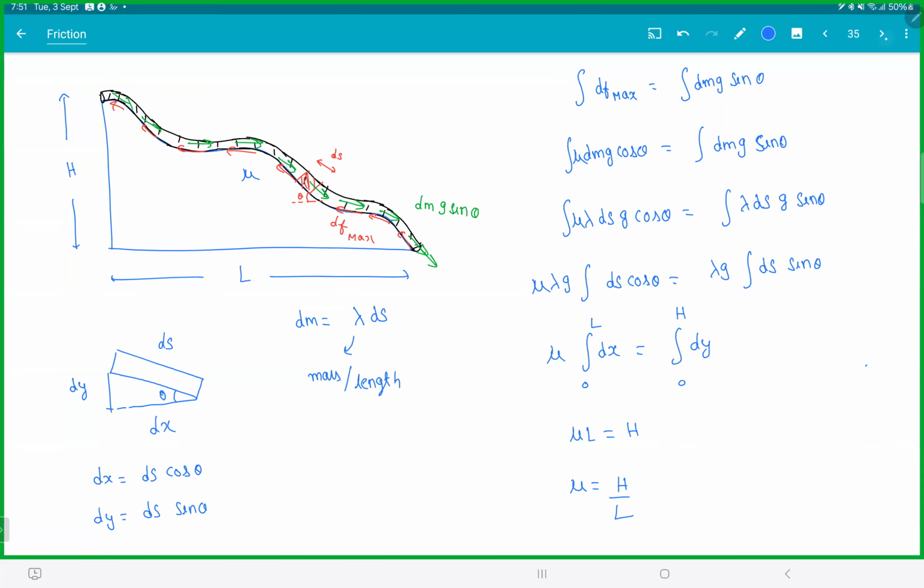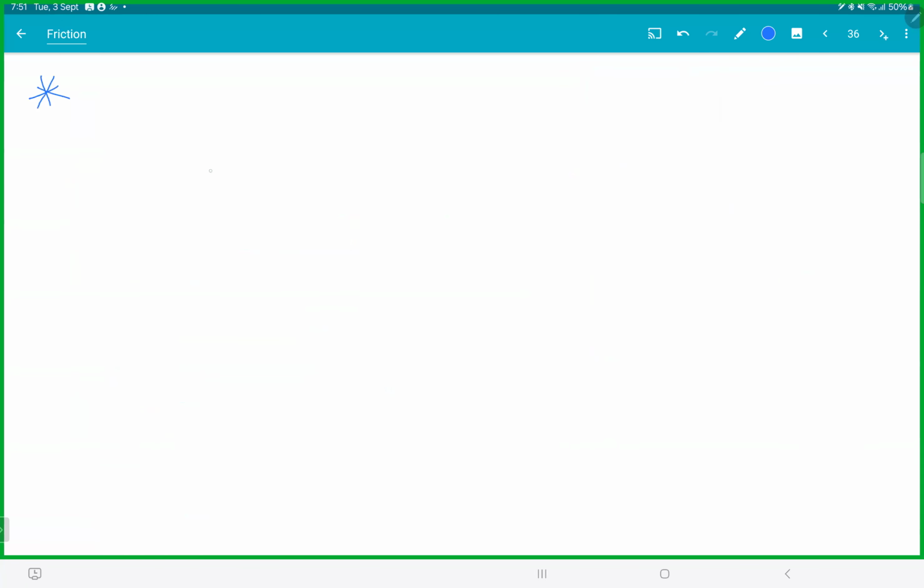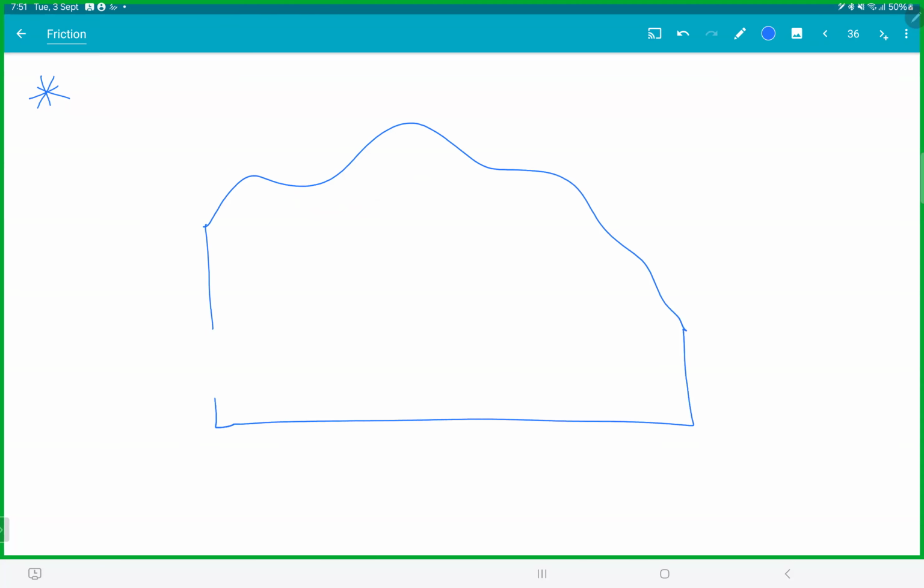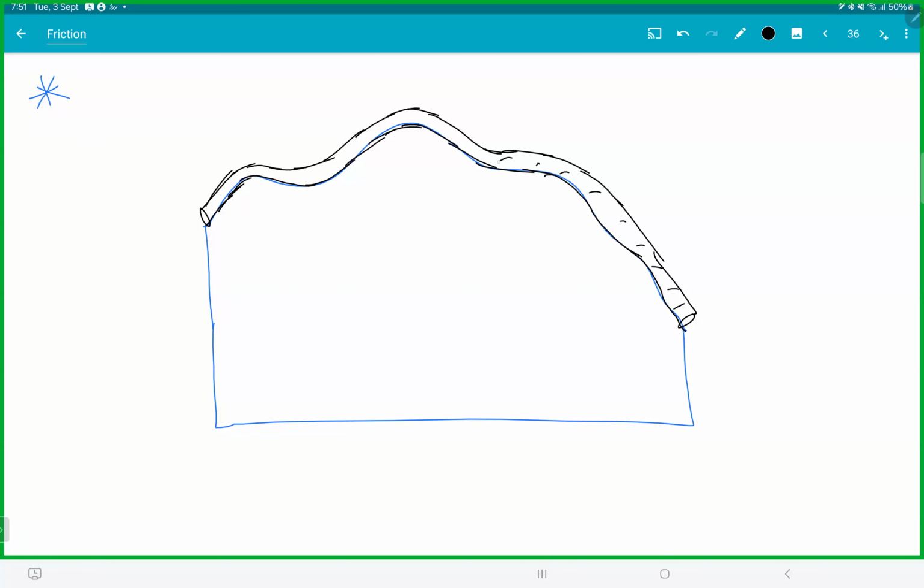I'll just show you the final result. Listen to this. I can write it in a more general form. Suppose you have a surface like this, and a rope like this. Be careful, this formula is valid only when the rope is about to slip.